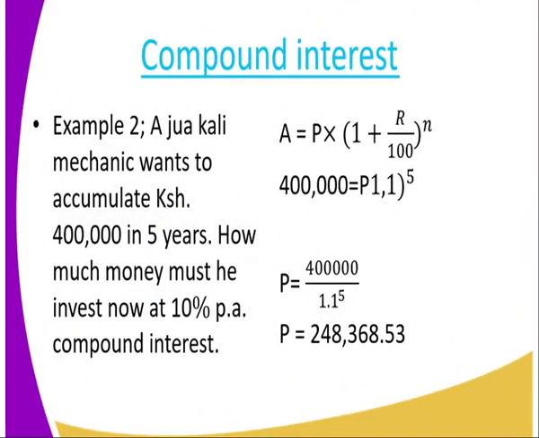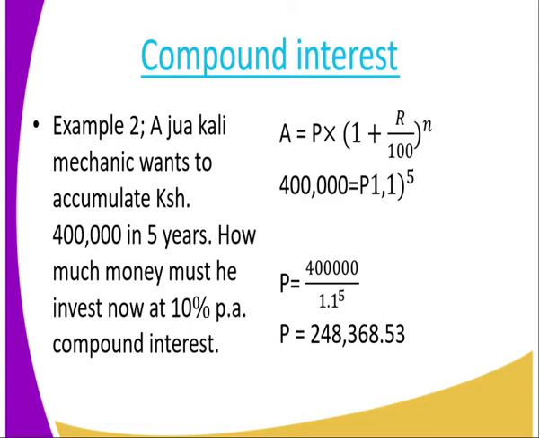Then we go to example 2. A jewelry mechanic wants to accumulate 400,000 in 5 years. How much money must he invest now at 10% per annum compound interest? So in that case, we use the formula, where 400,000 is the amount. Then we have the principal, then 1 plus 10 divided by 100, raised to power n.